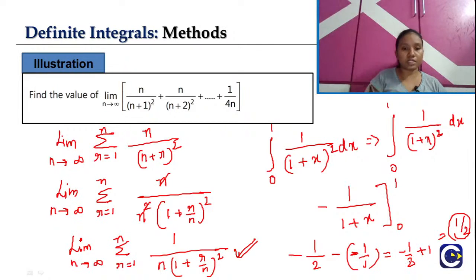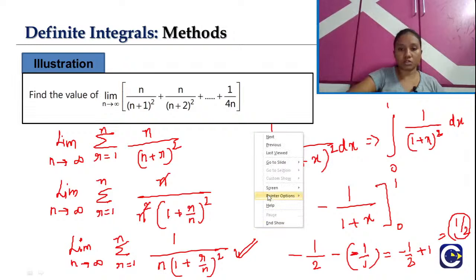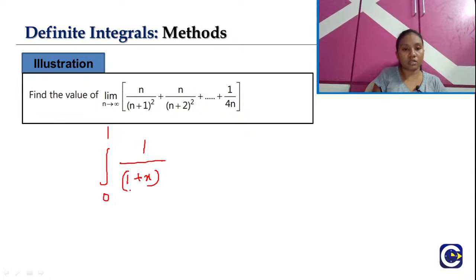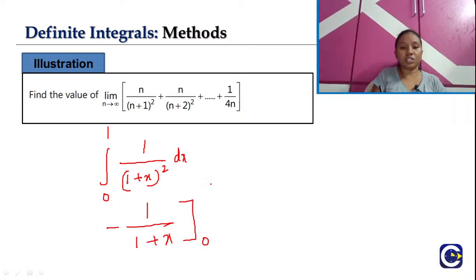So here it will be 0 to 1 and 1 by 1 plus x square will be our function. So what is our definite integral function? We end up having 0 to 1, 1 by 1 plus x whole square. So we can take this as x square, and it will become x power minus 2. So after integrating it, it will turn out to be minus 1 by 1 plus x, with limits 0 to 1.